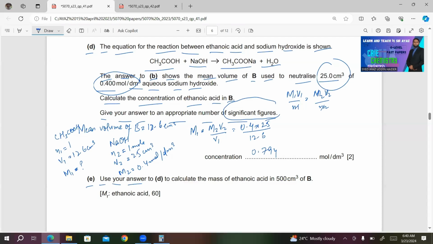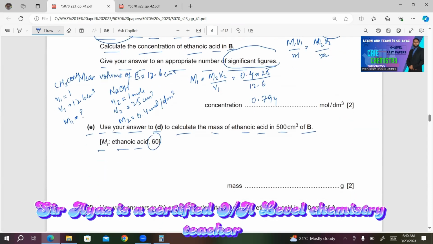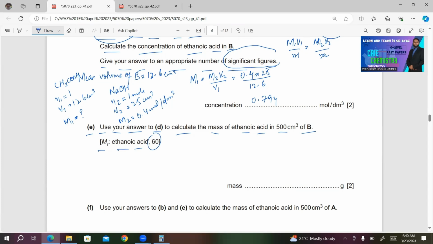E, use your answer to D to calculate the mass of ethanoic acid in 500 cm cube of B. MR of ethanoic acid is provided, which is 60. First of all, I need to calculate the number of moles of ethanoic acid in 500 cm cube. The concentration is 0.794 mole per dm cube, which means 1000 cm cube contains 0.794 moles.